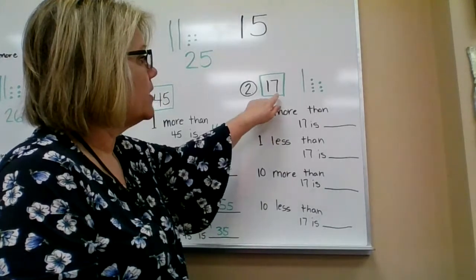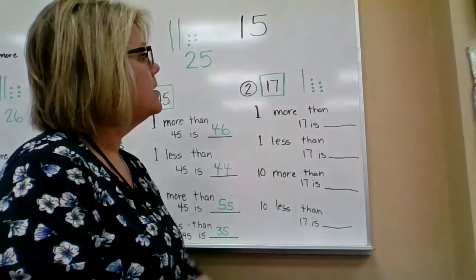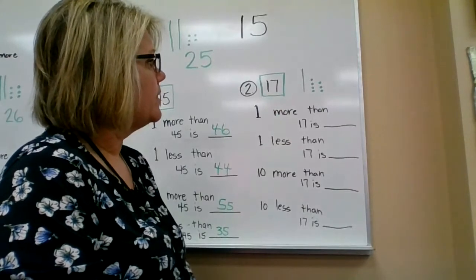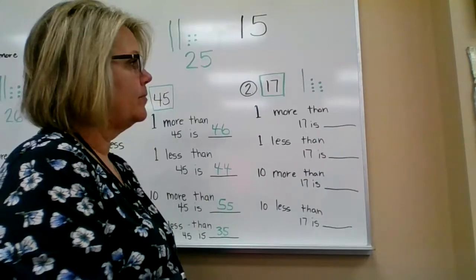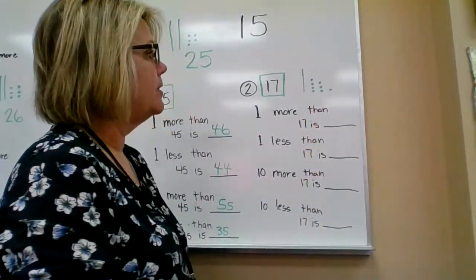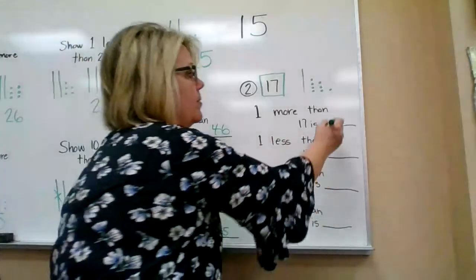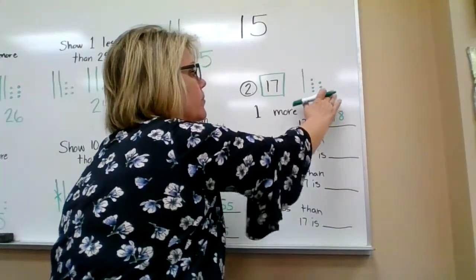So we have to look at the number in the ones place. If there are 7 ones in the number 17, if we added 1 more, what would that be? If we added 1 more, now this number becomes 18. Okay, so I'm going to take that away.